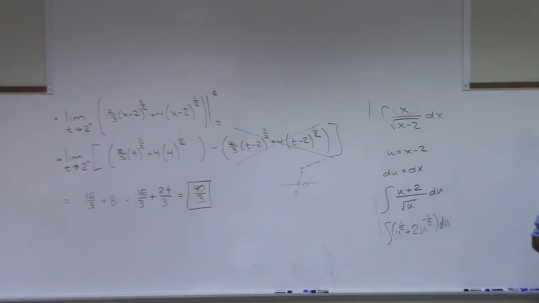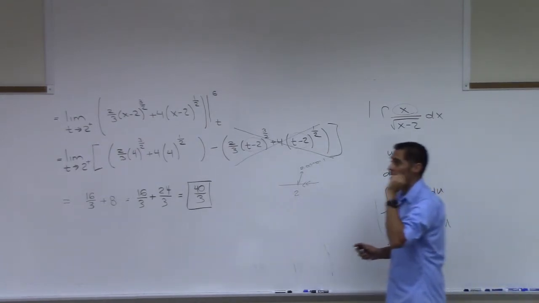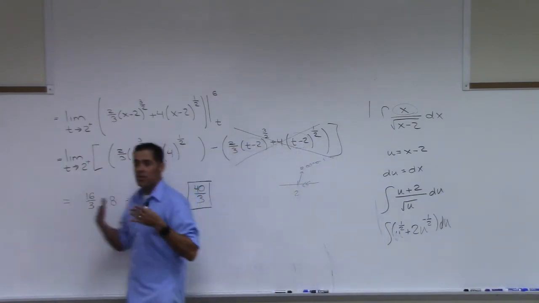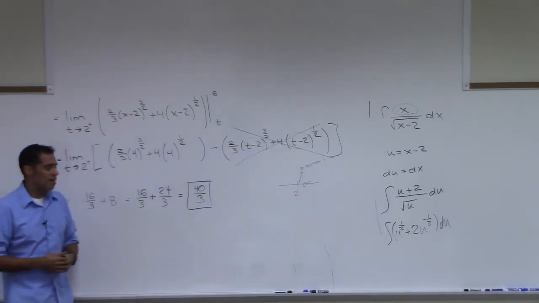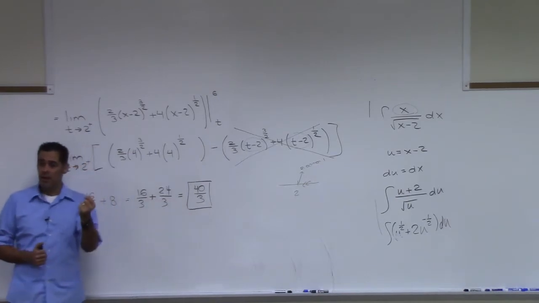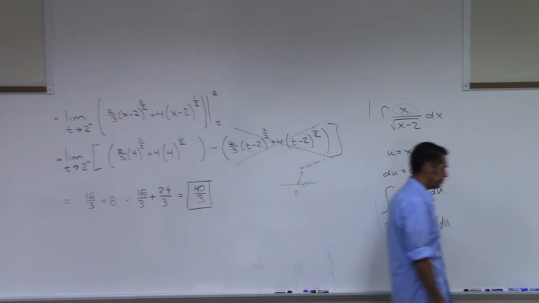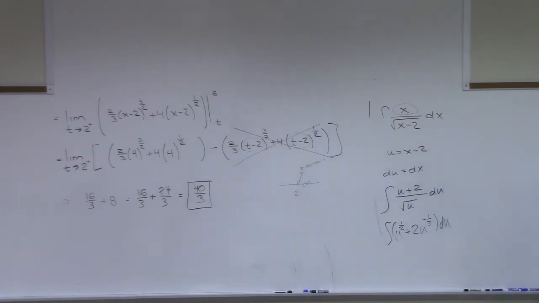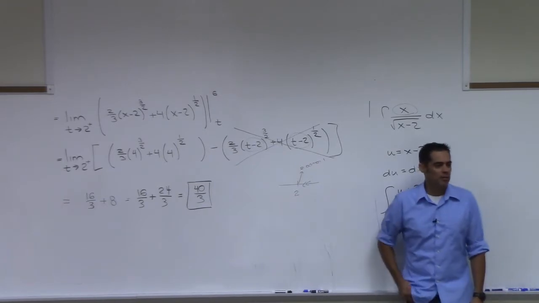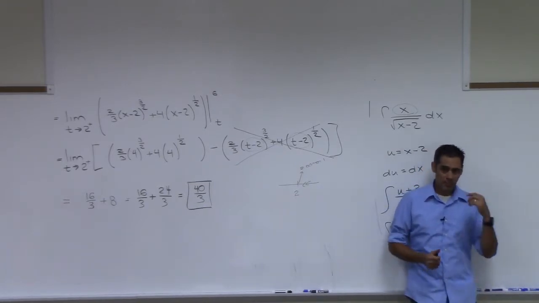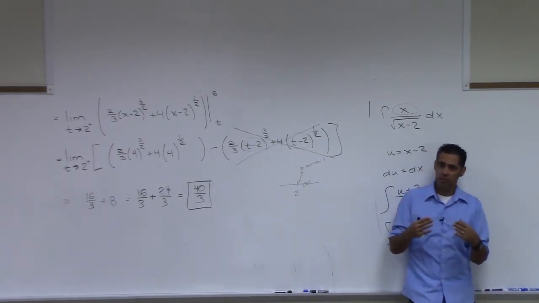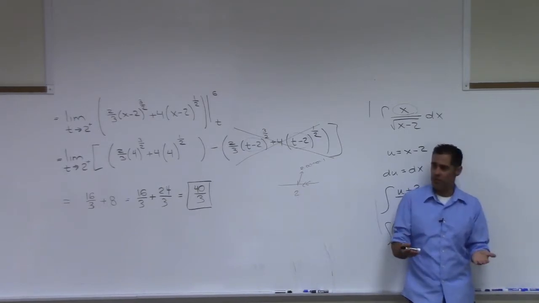Remember when it came to these improper integrals, we either had convergence or divergence, right? When we get a nice number, that's when we get convergence. When do we get divergence? Let me ask again. With improper integrals, you either have convergence or divergence, right?